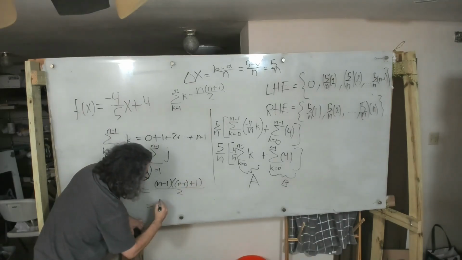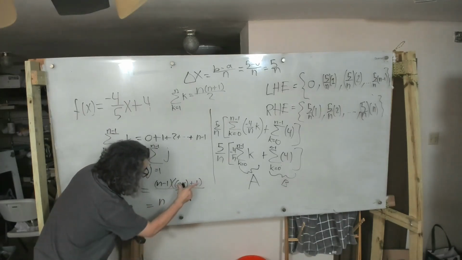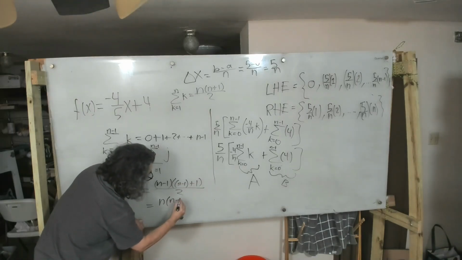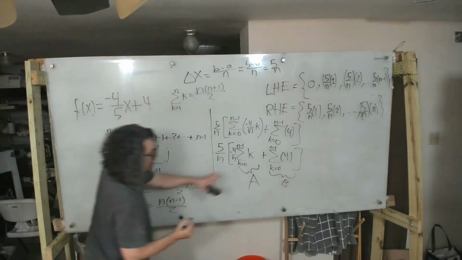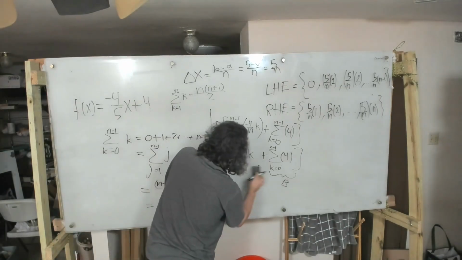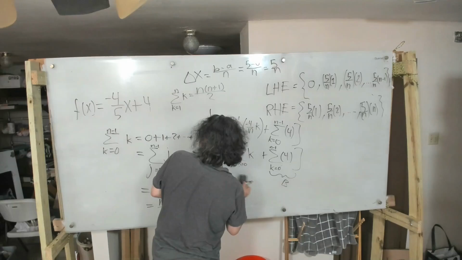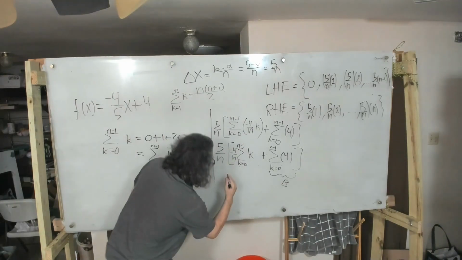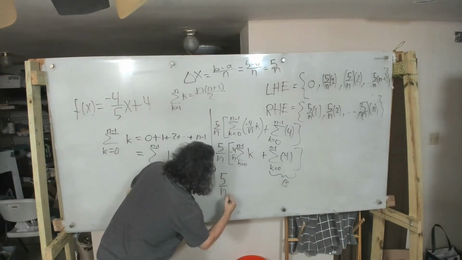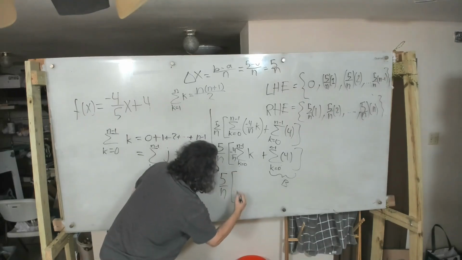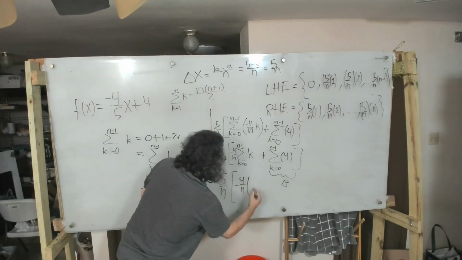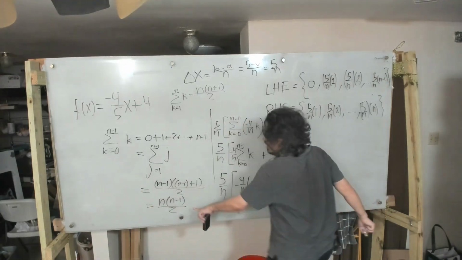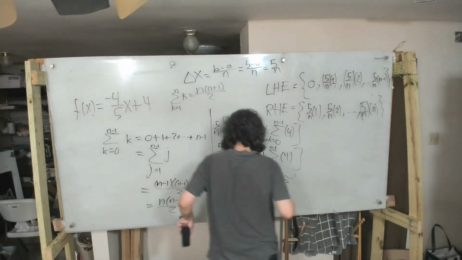So this ends up being n times n minus 1 over 2. Let me write that down here. So this is going to be 5 over n from here times negative 4 over n from here times n times n minus 1 over 2 from here.